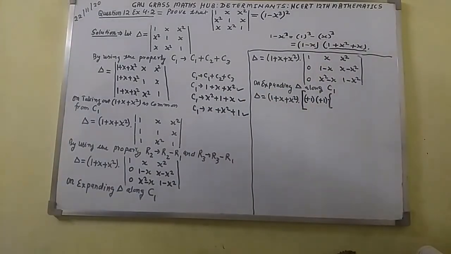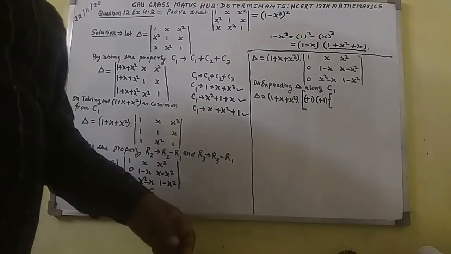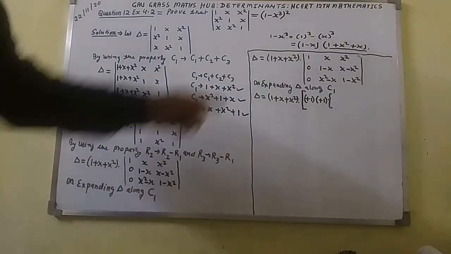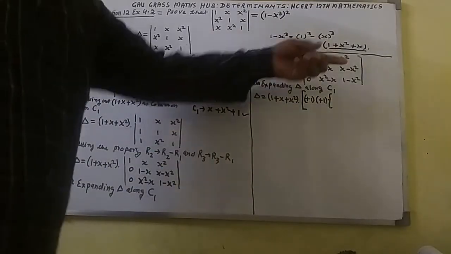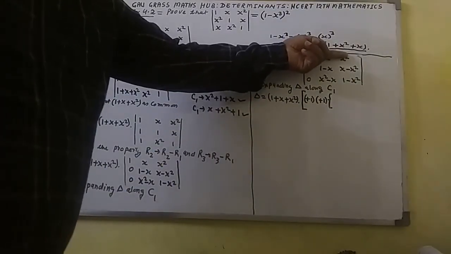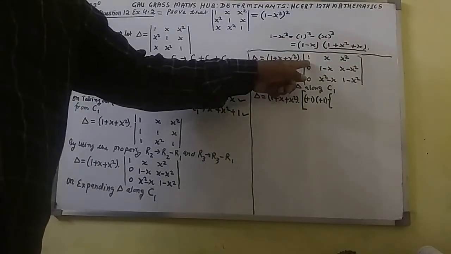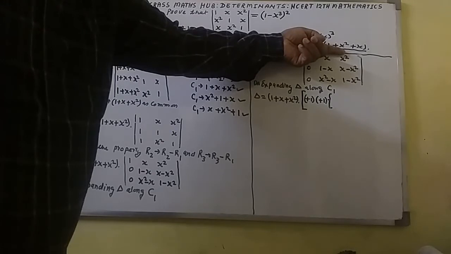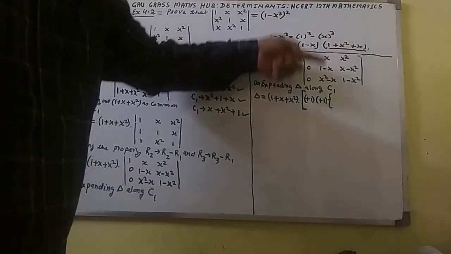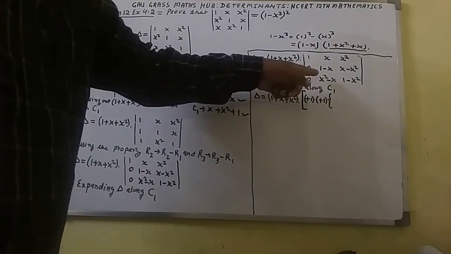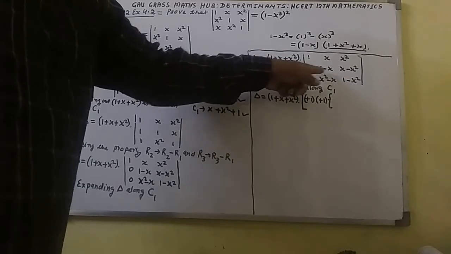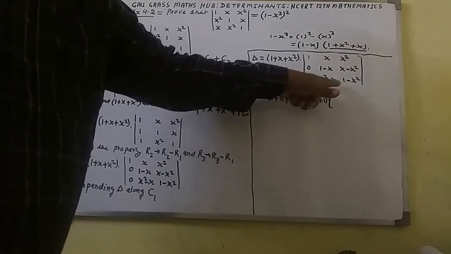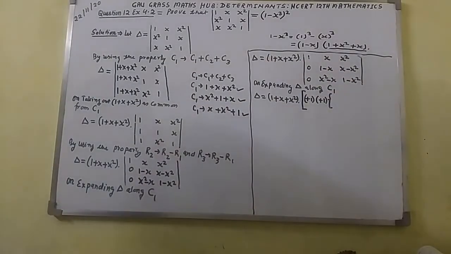Since 1 is in the first row and the first column, the first row and first column will be hidden. You can easily get the minor of 1 as the determinant with rows 1 minus x, x minus x square and x square minus x, 1 minus x square.